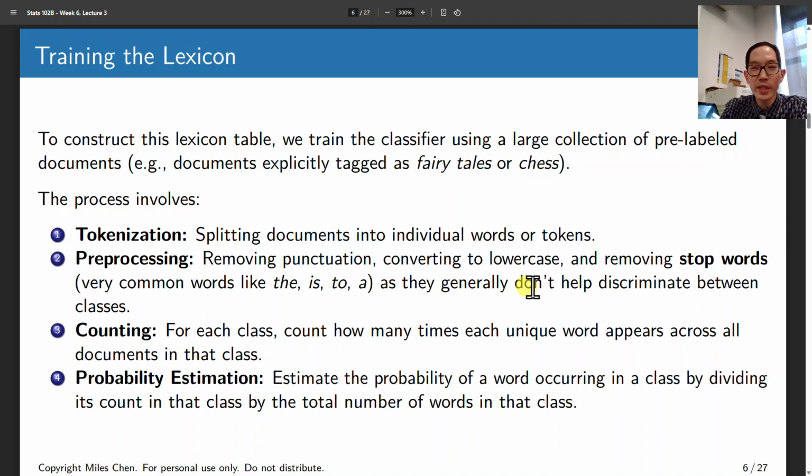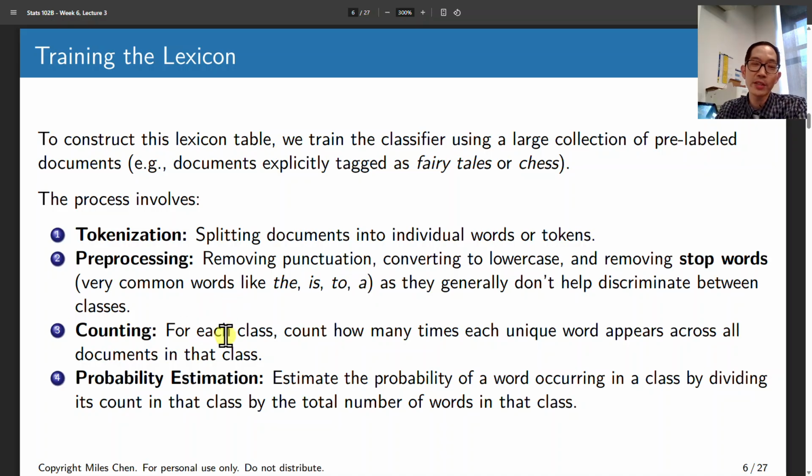And then you would build up your lexicon, and so you would take your document and turn it into individual words or tokens, using your bag of words model, and then you would strip the punctuation, make everything lowercase, and then you would remove what we call the stop words that don't really give us any information about class, okay?